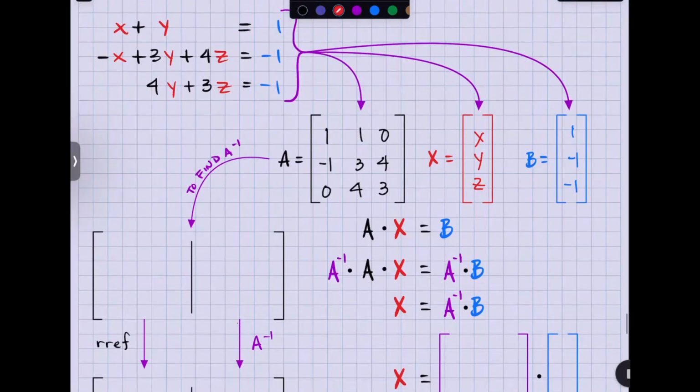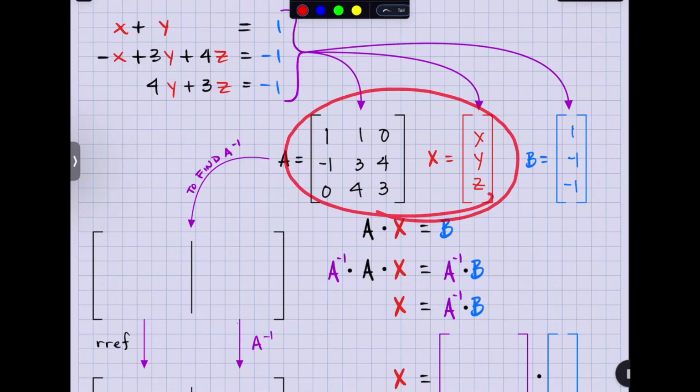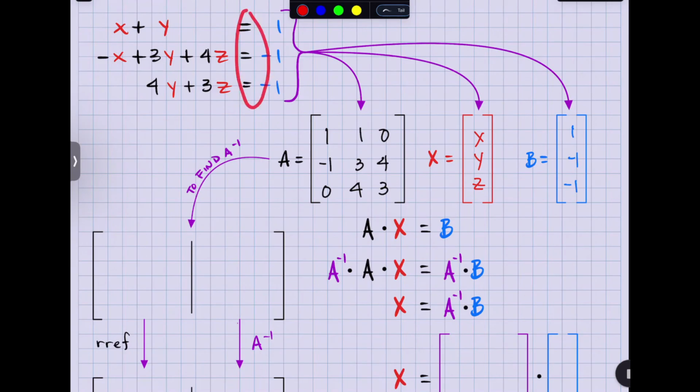So when I multiply these two, I'm actually going to get this right here, which is equal to this answer. So A times X is going to equal B.